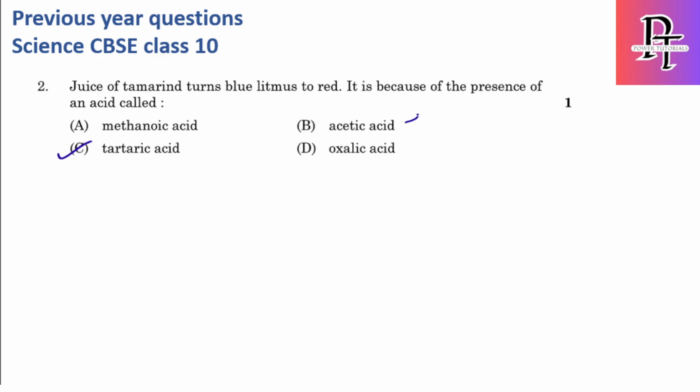Acetic acid is for vinegar. Oxalic acid is for tomato. Sorry, apple is malic acid.